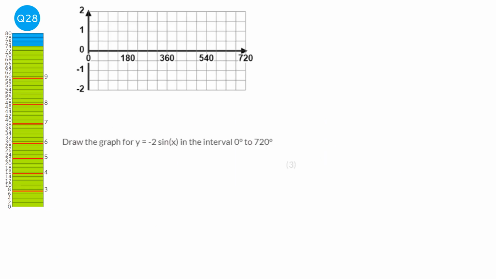It's always important with these questions to realise what the normal graph will look like before we have a look at what the new function will look like.